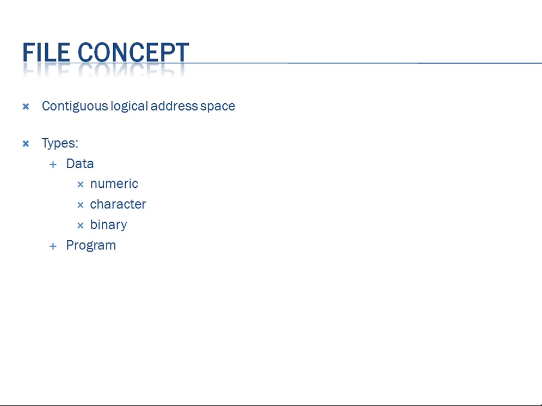These are various types of files, and it has got some data as well as program. Now data can be numeric, character, or binary. So data can be of any type. It can be numeric, it can be character, or it can be binary, and it has got some code which we are calling a program.